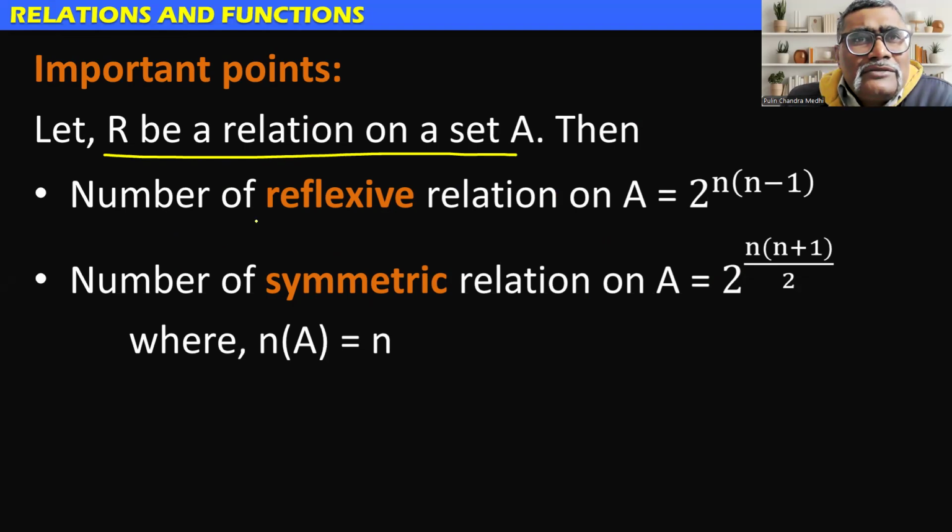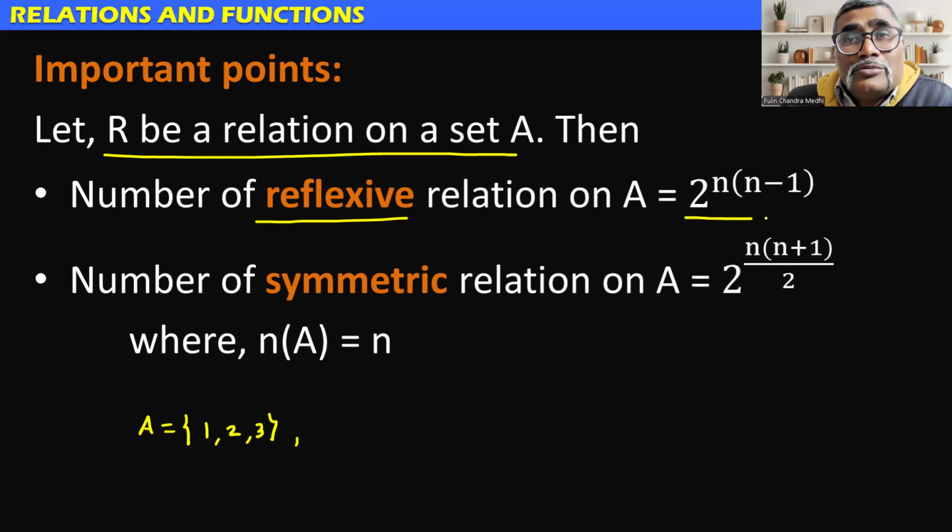Then number of reflexive relations. So if somebody asks you that a set is containing, say, three elements, in total, how many different reflexive relations you can construct on it? That is given by 2 to the power n into n minus 1.